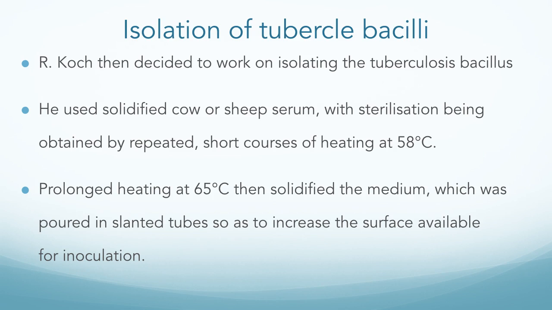He used solidified cow or sheep serum, with sterilization being obtained by repeated short courses of heating at 58 degrees Celsius and finally prolonged heating at 65 degrees Celsius, then solidifying the medium, which was poured in slanted tubes so as to increase the surface available for inoculation.